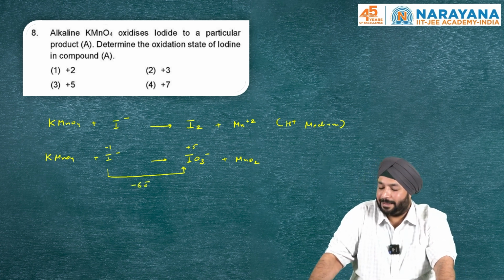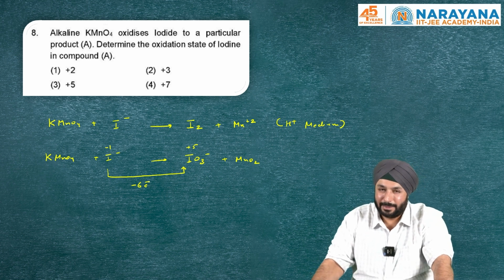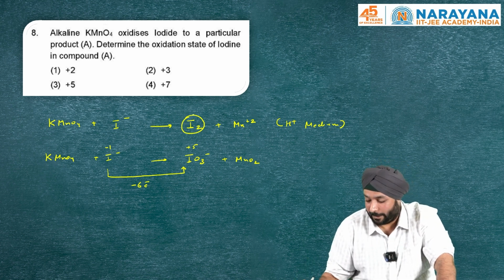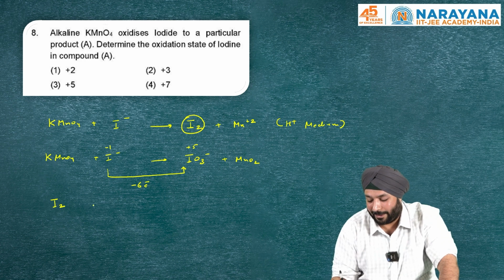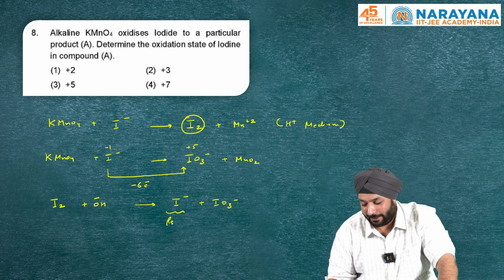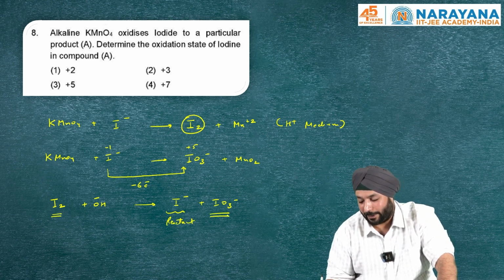Now, many students ask me how to remember this thing. See, we know that iodine is the product which is generally formed by oxidation of I minus, and we know that iodine in basic medium undergoes a disproportionation reaction to form I minus and IO3 minus, whereby I minus is your reactant from where you started, and eventually I2 is converted into IO3 minus.